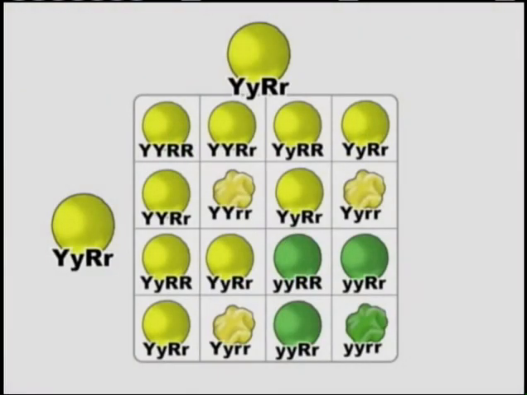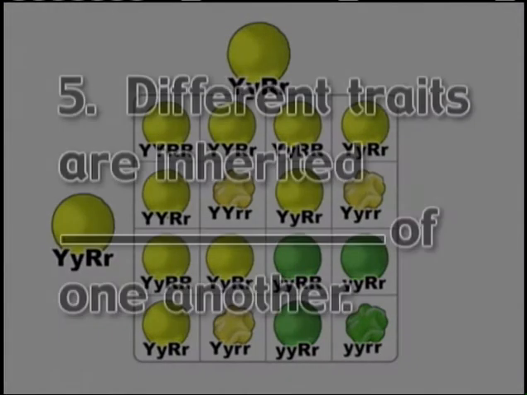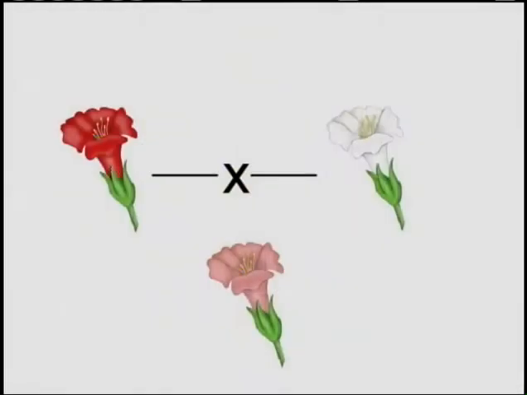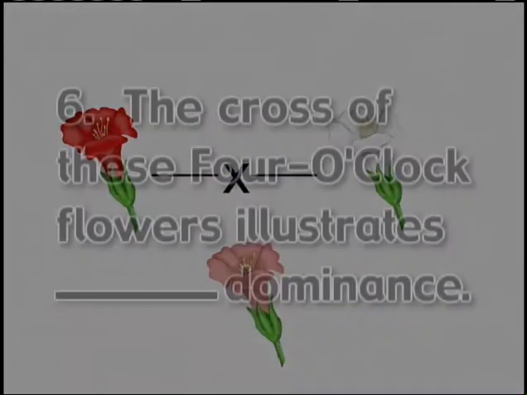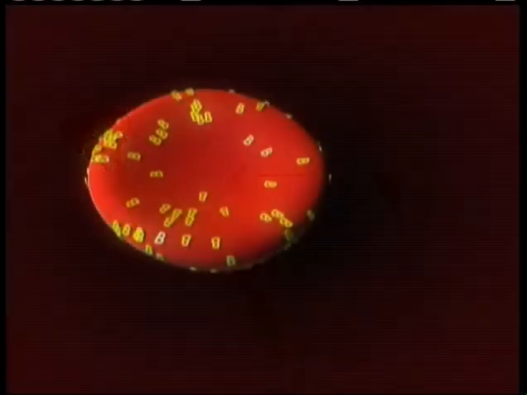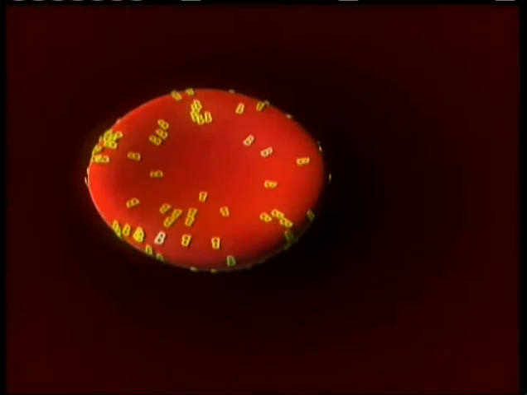Number 5. Different traits are inherited ___ of one another. Number 6. The cross of these 4 o'clock flowers illustrates ___ dominance. Number 7. Blood type is an example of ___.